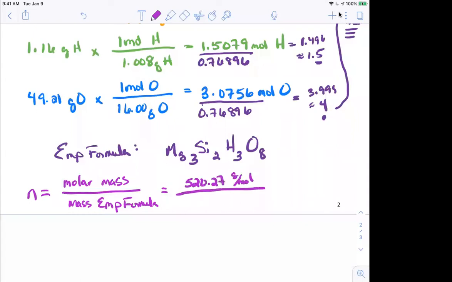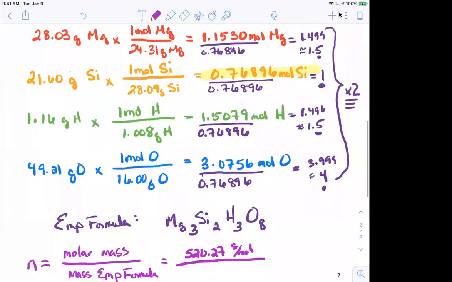Now, what is the mass of my empirical formula? I have 3 magnesiums, so I have 3 times 24.31, plus I have 2 silicons, so I have 2 times 28.09, plus I have 3 hydrogens, so that's 3 times 1.008, plus I have 8 oxygen, so that's 8 times 16.